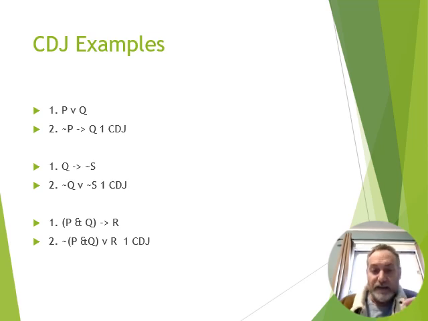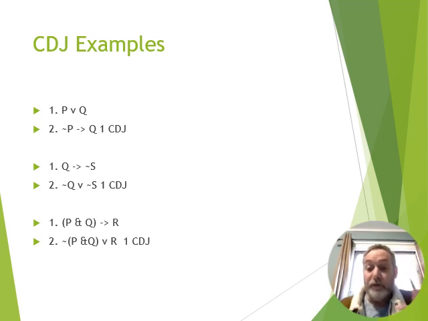Let's do a little practice. Again, I wouldn't ask you to prove CDJ on your own, but now you have it. That's a rule you're allowed to use. Right now, after this lecture, you're allowed to use implication, you're allowed to use De Morgan's, both kinds, and you're allowed to use CDJ. So let's use those in some proofs. And then the homework is very simple.